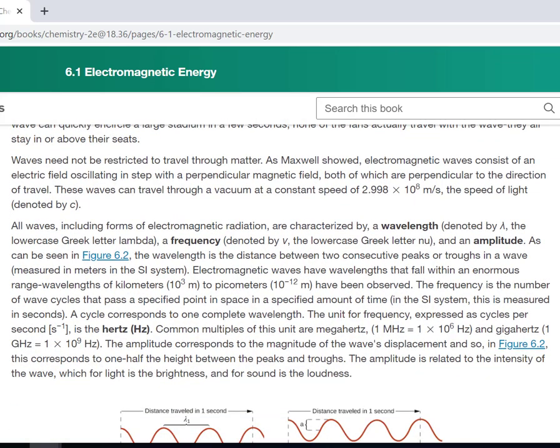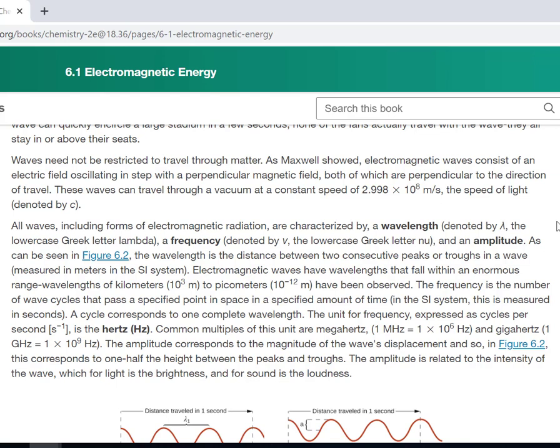There's things that we can characterize about a wave, and we're going to talk about those. One is something called the wavelength, and we use the Greek letter lambda, lowercase lambda, to indicate wavelength. The lambda is the one that looks like an upside down Y. That is simply a measure of the distance between similar points of the wave.